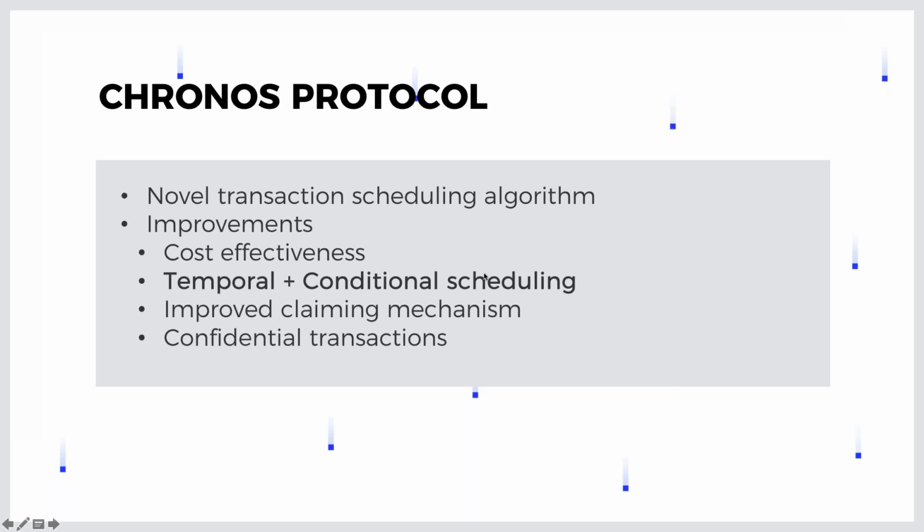This is another part of Chronos that we are working on. We want to make sure that the cost efficiency and economic model are as optimized as possible. That's also the reason why I'm doing the economic model for the previous protocol, so we can compare and see the differences and improvements. And the last part is the confidential transactions.